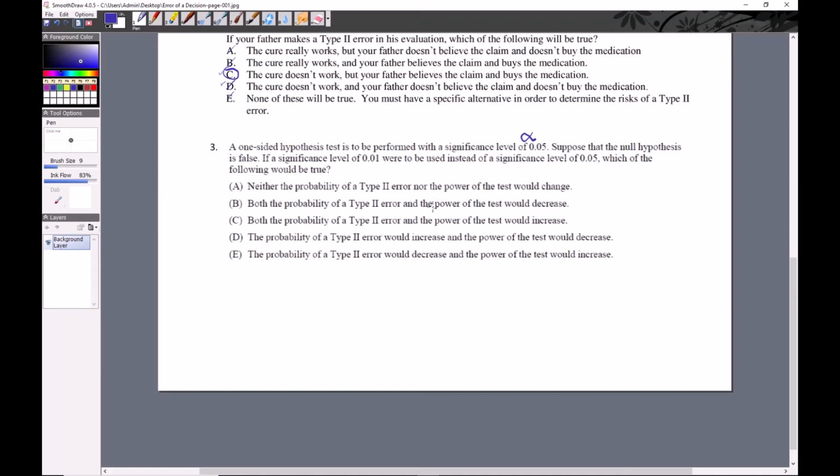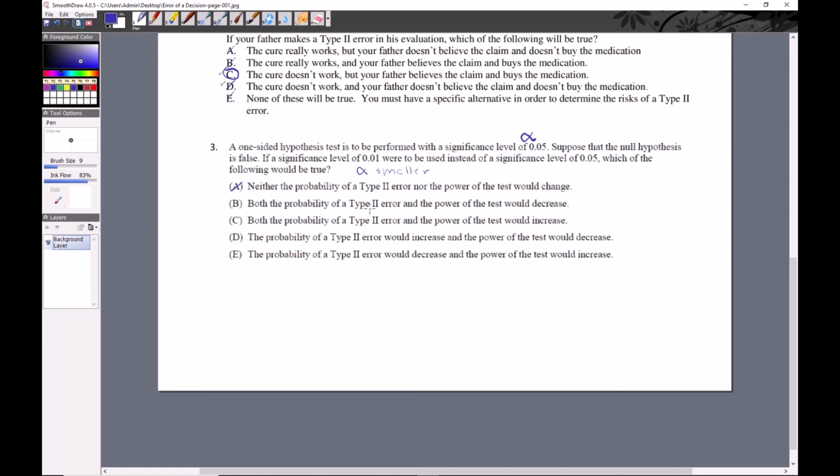If a significance level of 0.01 is used instead of a significance level of 0.05, right, that's another alpha and it's smaller, just for reference. Let's see what we've got here. Neither the probability of a type 2 error nor the power of the test would change. Well, remember, if alpha gets smaller, beta should get bigger. So these are changing. That's out.